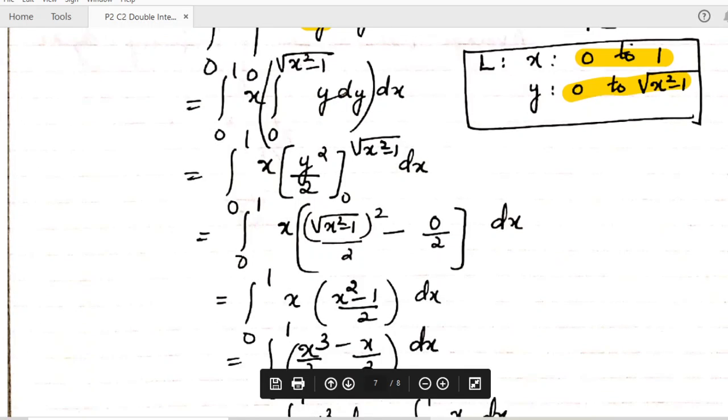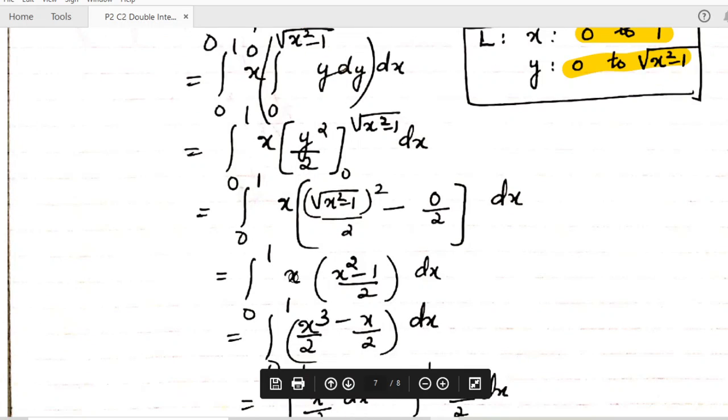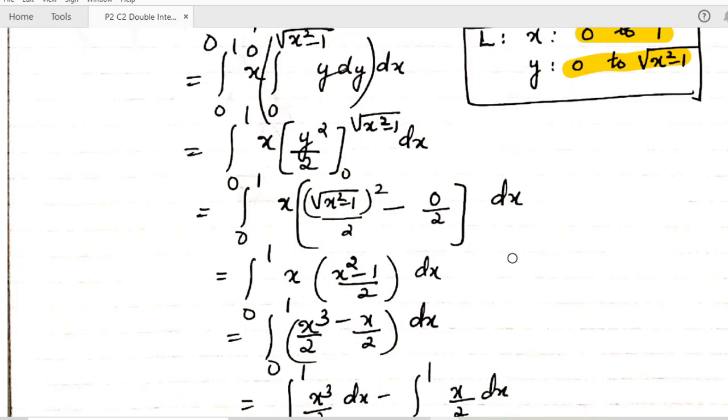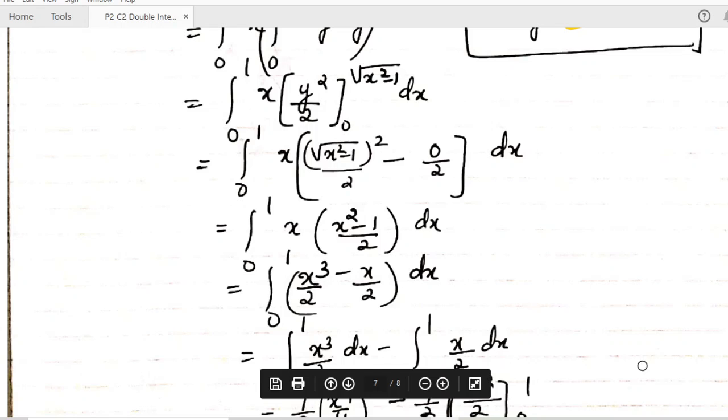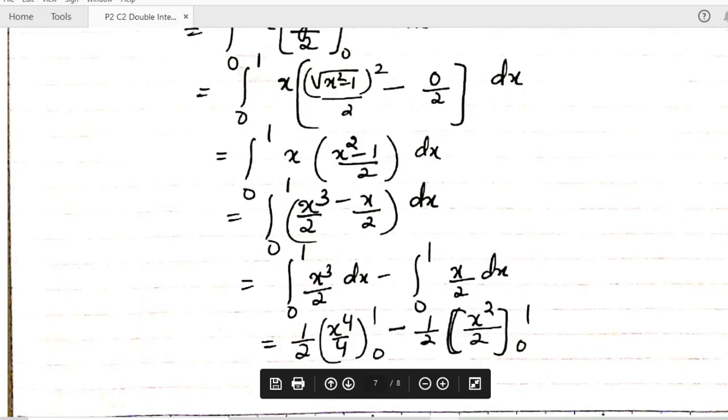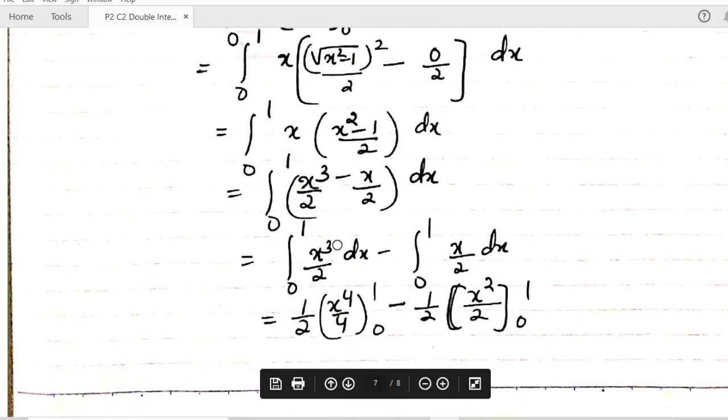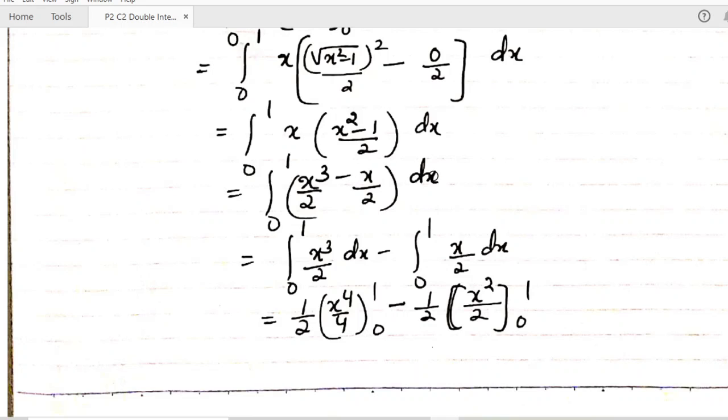Now we simplify it, and we get integral 0 to 1 x into (x square minus 1) by 2 dx. In the next step, we'll be simplifying it. So after simplifying, we get this form. Now in the next step, we'll be integrating it with respect to x.